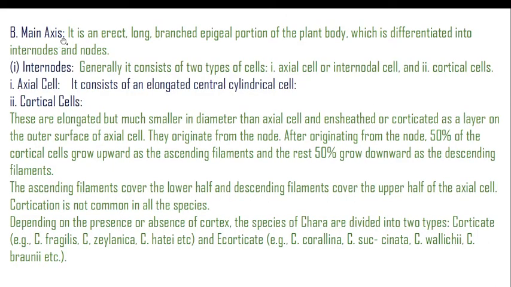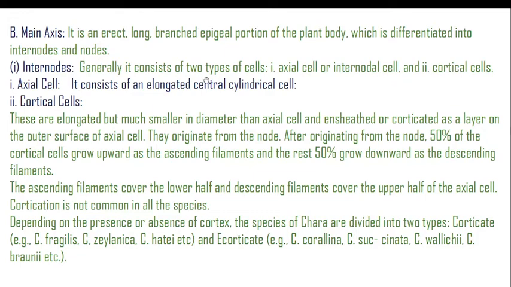Then this main axis is an erect, long branch, epigeal portion. Epigeal means above the soil, which is differentiated into nodes and internodes. First of all, the internodes generally consist of 2 types of cells: the axial cell or internodal cell, and the cortical cell.